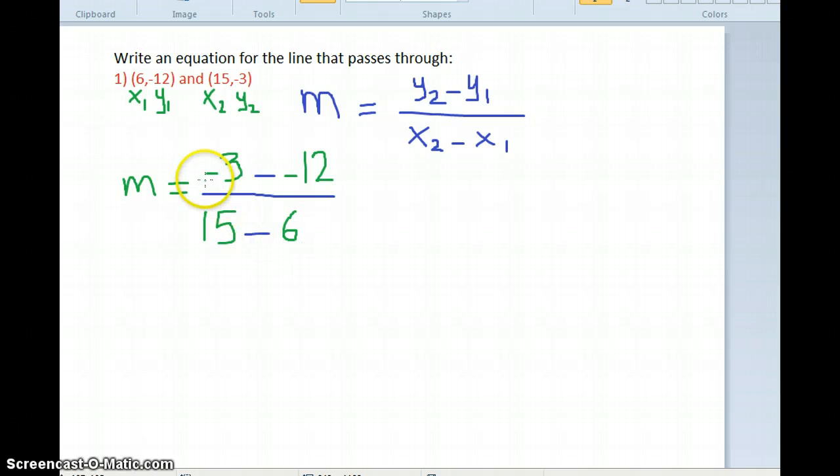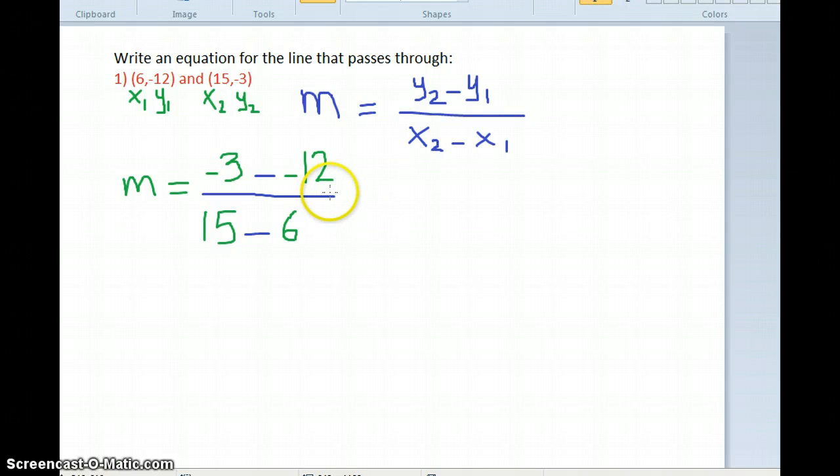You can't do -3 minus -12 and then say this is 2 and this is 1 and do 6 minus 15, because now you're doing 1 minus 2. Y2 minus y1 over x2 minus x1. If I decided to say this is x1, y1 and this is x2, y2, it's fine. You'll get the same exact answer. Make sure you do it correctly.